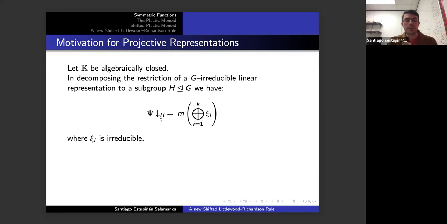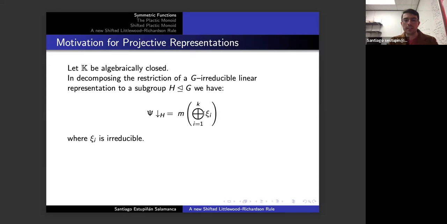And so if you want to understand a certain irreducible representation of G, which I denote in this case by psi, restricting this representation to H, you can decompose this. This is a theorem, a classical result in the area, as a sum of these representations.